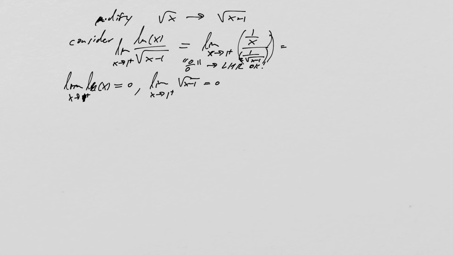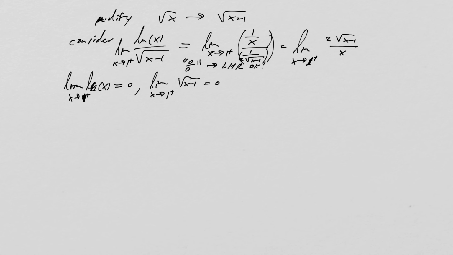Now we're going to do a little bit of simplification. Limit as x goes to 1 from the positive side, and now we're going to get 2 root x minus 1, all over x.